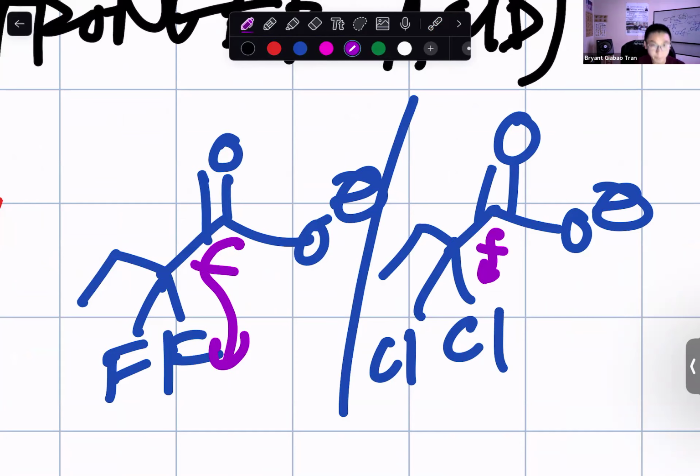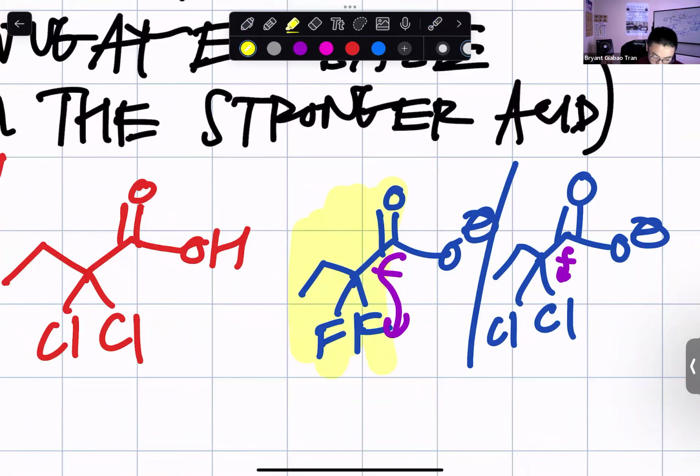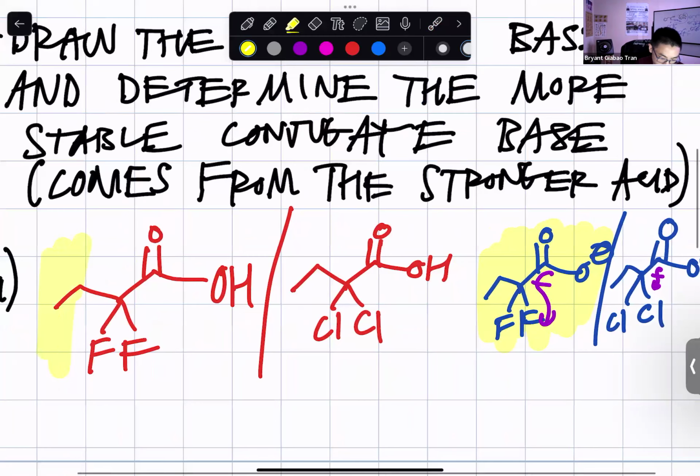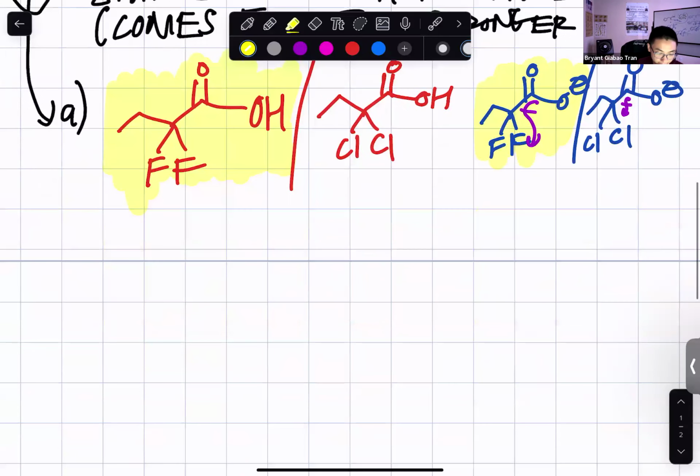And because it has a weaker pull, it adds less room for this negative charge. There's less breathing room for this negative charge, making this conjugate base less stable. And if that conjugate base is more stable, it came from the stronger acid. So this would be the stronger acid right here. So that's one scenario of the inductive effect.